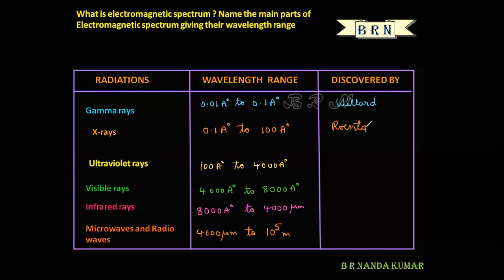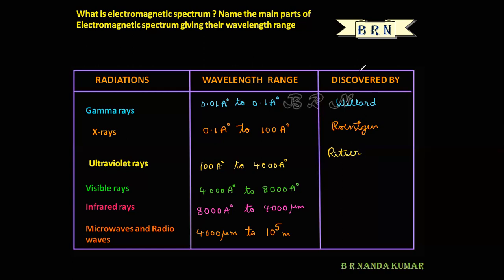Rontgen discovered X-rays. Who discovered UV rays? Ritter. UV rays were discovered by Ritter.